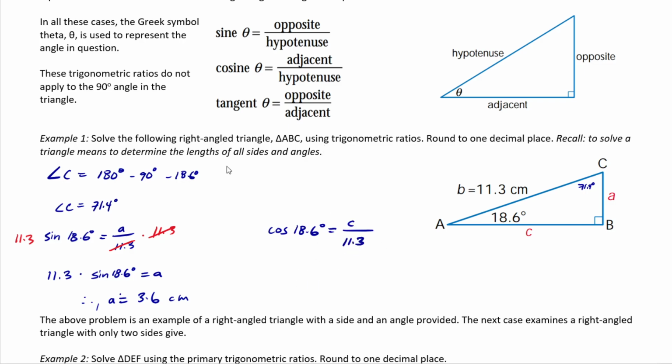Multiplying both sides by 11.3, I end up with 11.3 times cos 18.6 degrees is equal to C, and therefore C is approximately equal to 10.7 centimeters. Please note, since I've rounded, I have to put the approximate sign over the equal sign.